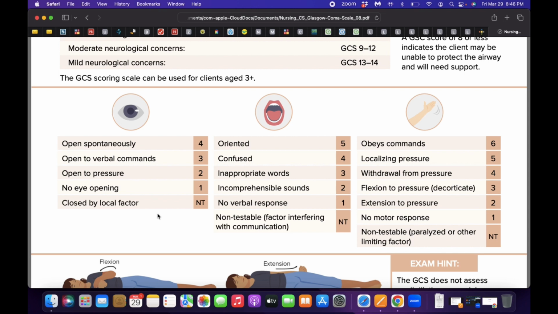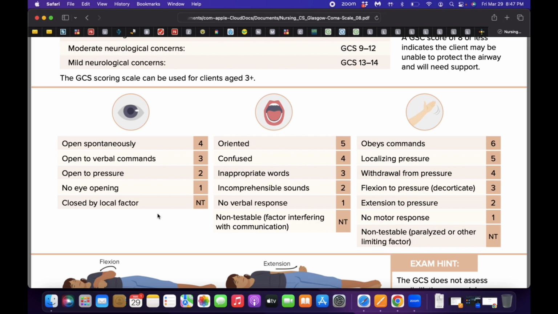You give a score of 6 if you follow instructions on how and when to move. You give a score of 5 when you intentionally move away from something that presses on you. You give a score of 4 when you only move away from something pressing on you as a reflex.